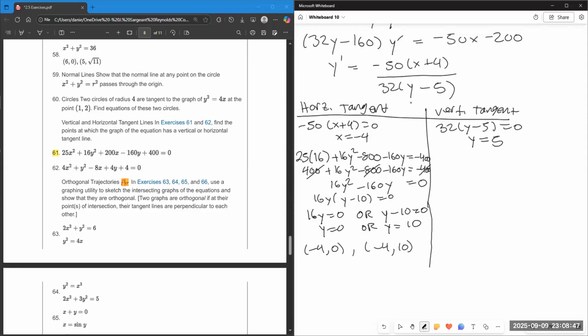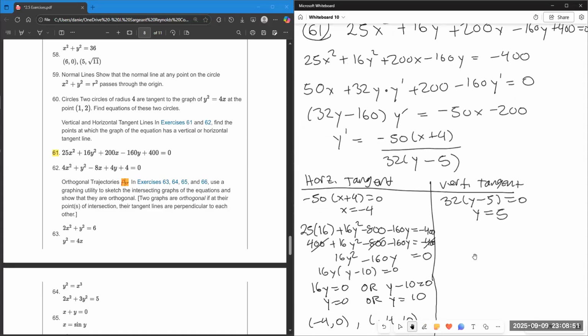If y is 5, then we get to come up here and say 25x squared plus 16 times 25 plus 200x minus 800 is equal to negative 400.